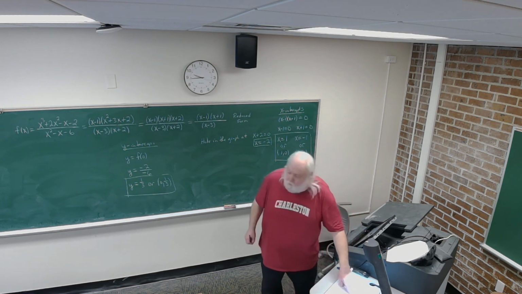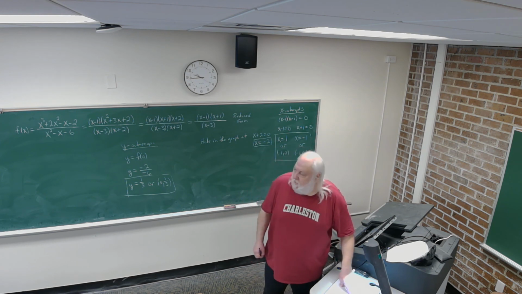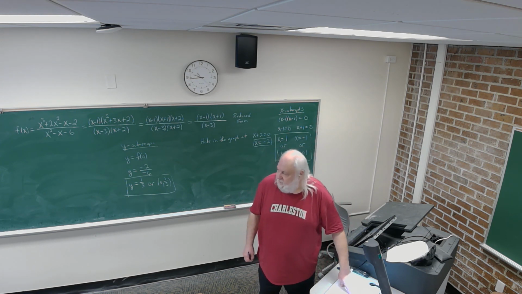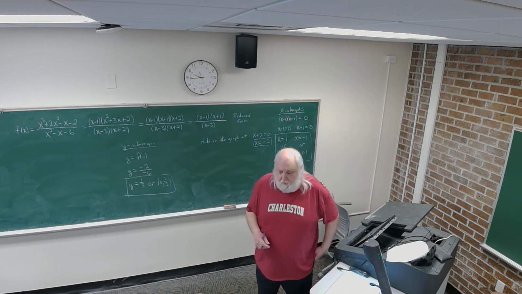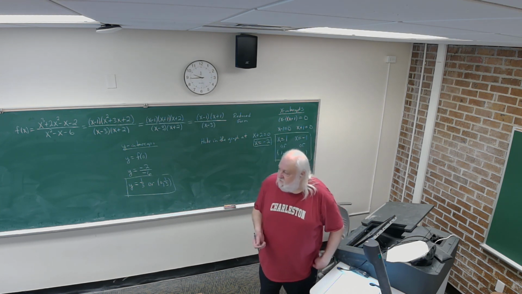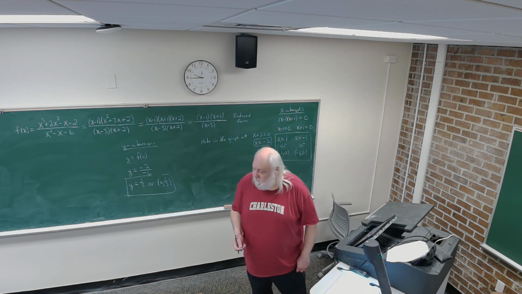How we get the equation of that line for the slant asymptote is we have to do division. We have to divide the two polynomials. Sometimes you can use synthetic division, and sometimes you have to use long division.